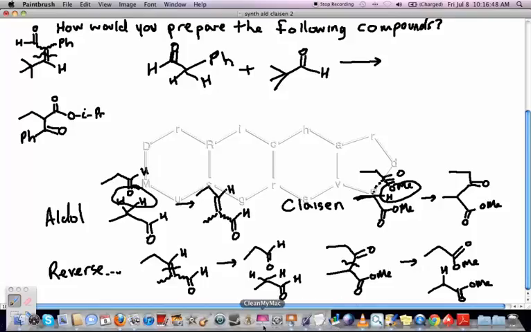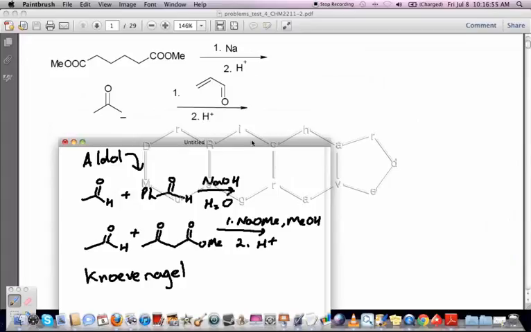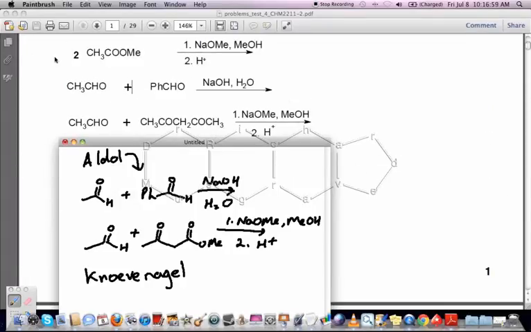So going back to the test question number 1, we'll be able to tell whether or not it's an aldol or a Knoevenagel by referencing that. See, the Knoevenagel here is going to have the two C double bond O's, and those are the conditions you'd use for a Knoevenagel.